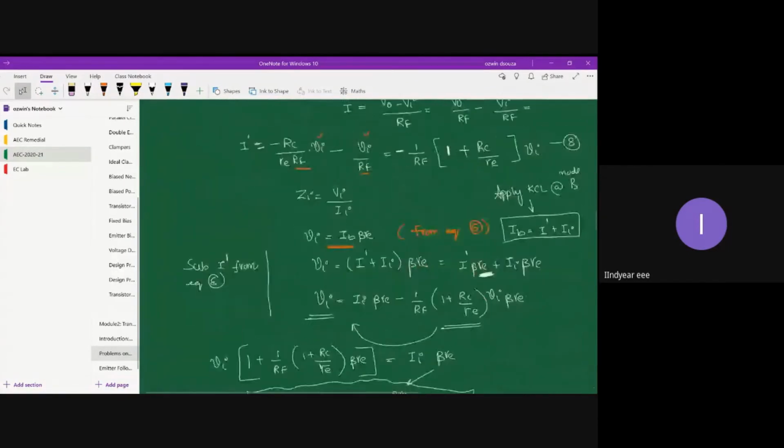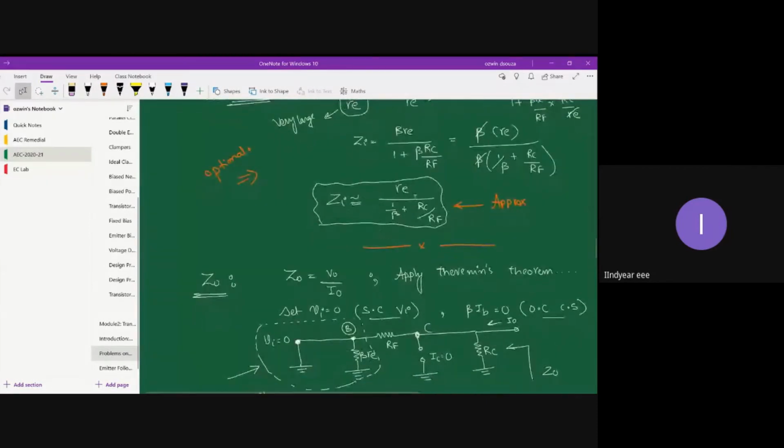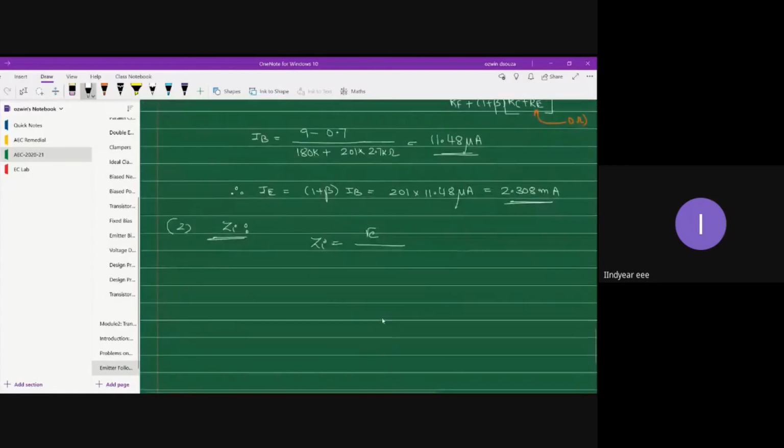Somewhere here we found ZI. Yeah, ZI is equal to RE divided by 1 by beta plus RC by RF, right? So that's our ZI expression. So ZI is equal to RE divided by 1 by beta plus RC divided by RF.